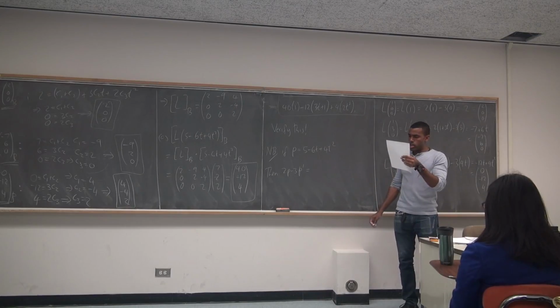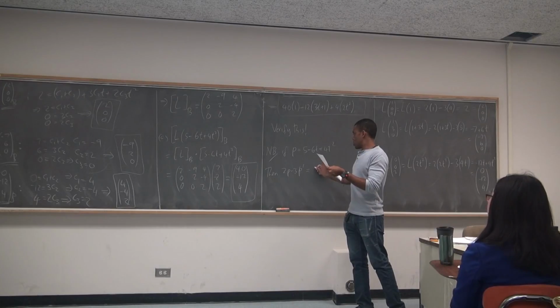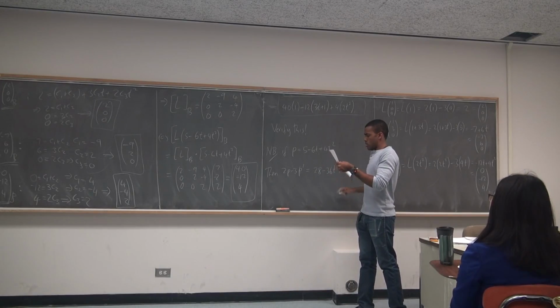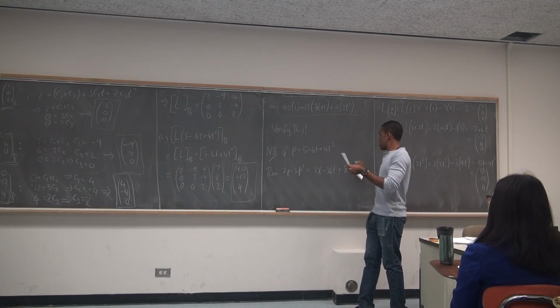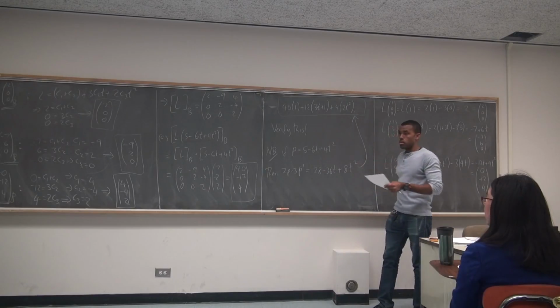I remember doing it. I think it was 28 minus 36t plus 8t squared, which, by the way, is equal to that.